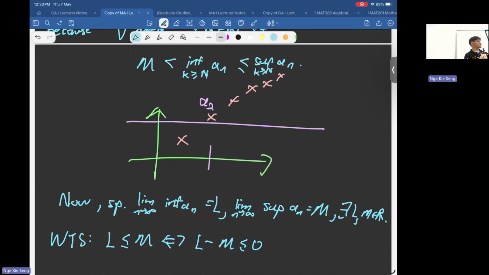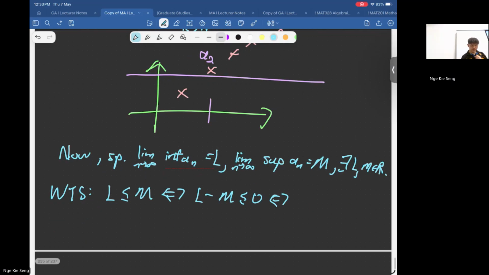Last time we mentioned something, what was it? Let me see. Never mind, I think this is okay. Then we show that L minus M. Or actually, you can show that for every epsilon greater than 0, L minus M should be strictly less than epsilon.